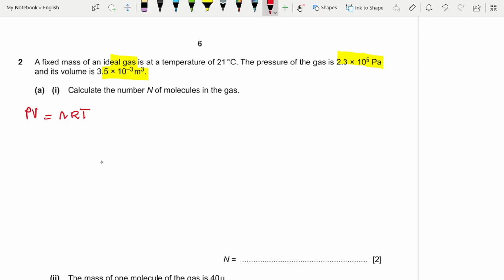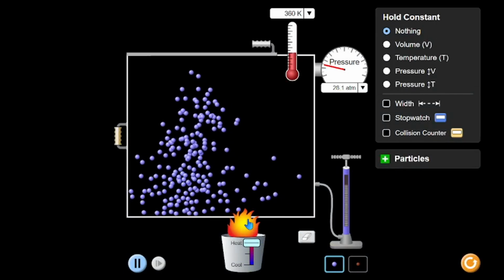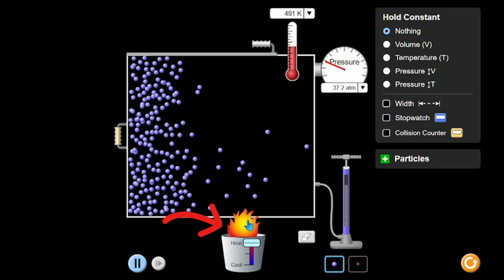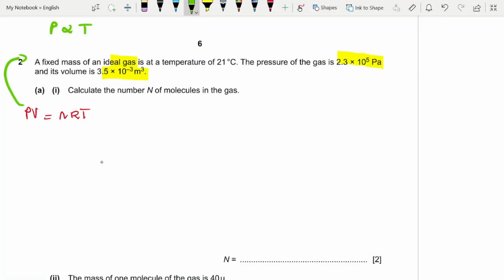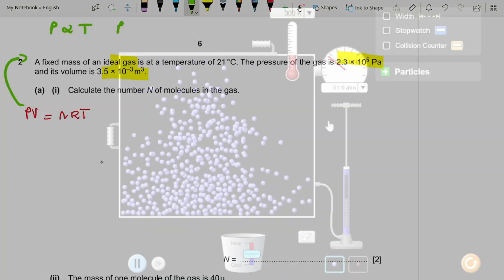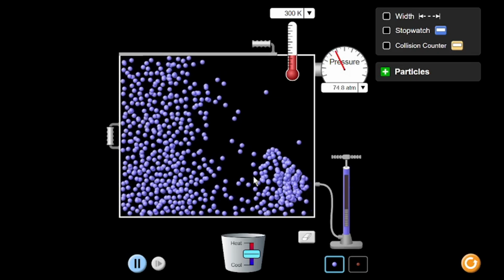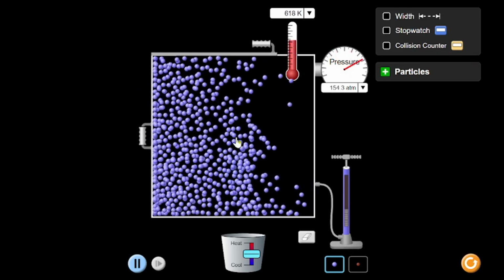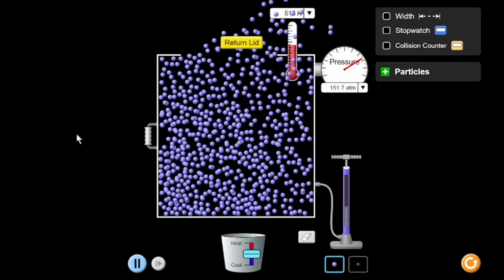And if you're wondering where this equation is even coming from, don't worry, I got you, right? So we know that pressure is directly proportional to temperature, right? The higher the temperature, the greater the pressure. Pressure and temperature are very related, and pressure is inversely proportional to volume, right? And this makes sense. A bigger volume means there's going to be lesser pressure, right?